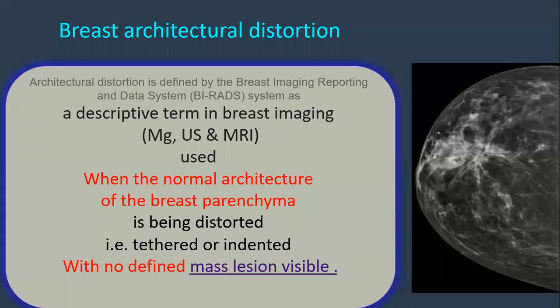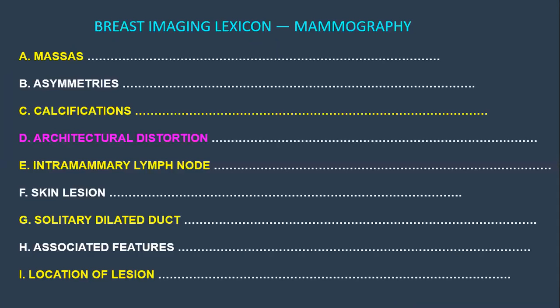That means it's being tethered, angulated, or indented, without a defined mass lesion visible. Then we call it architectural distortion.